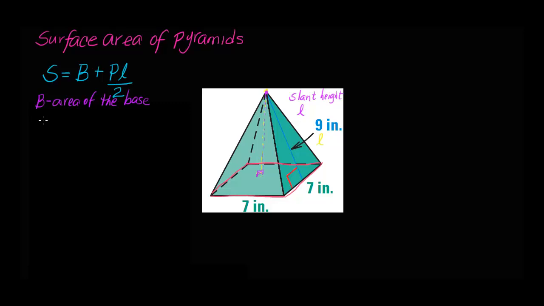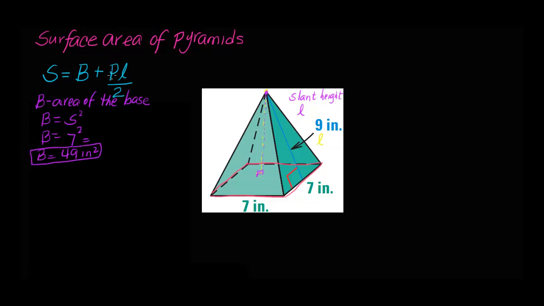So the area of a square is equal to S squared, S meaning the side of the square. The side of this base is 7. So we would write 7 squared, and B would equal 49 square inches. So we found the area of the base.